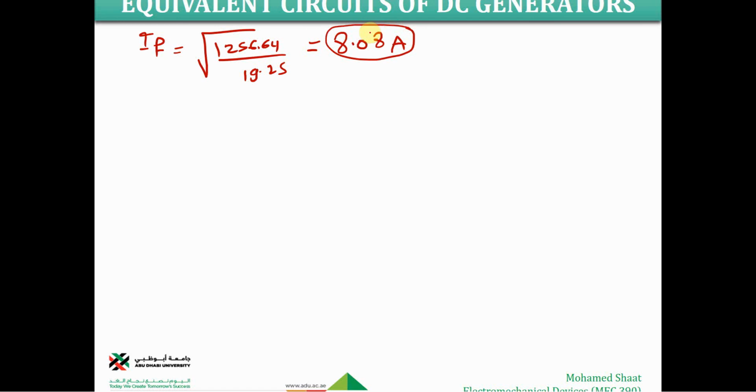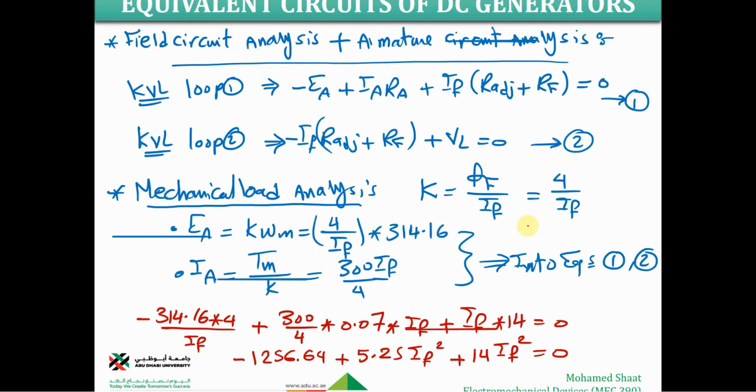Make sense? Once we found the IF, we can find any other things. We can simply calculate the VL. Then we can calculate the IA, the armature current, which should be 300 times IF divided by 4.